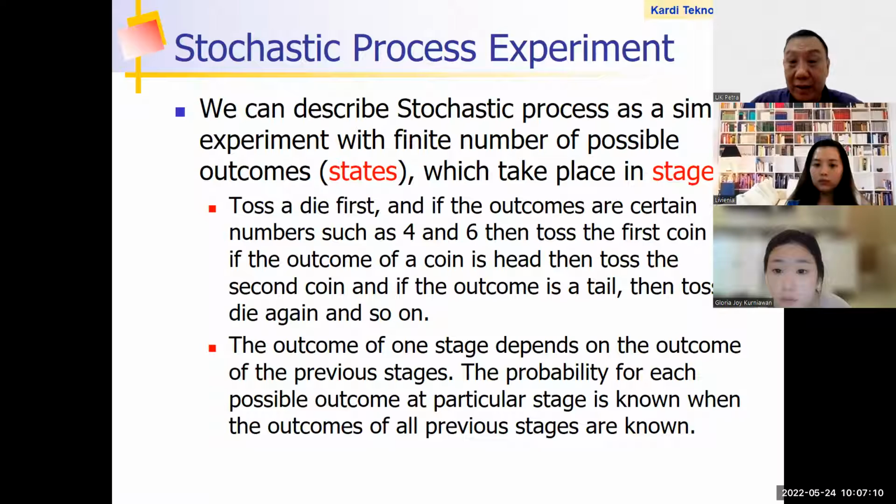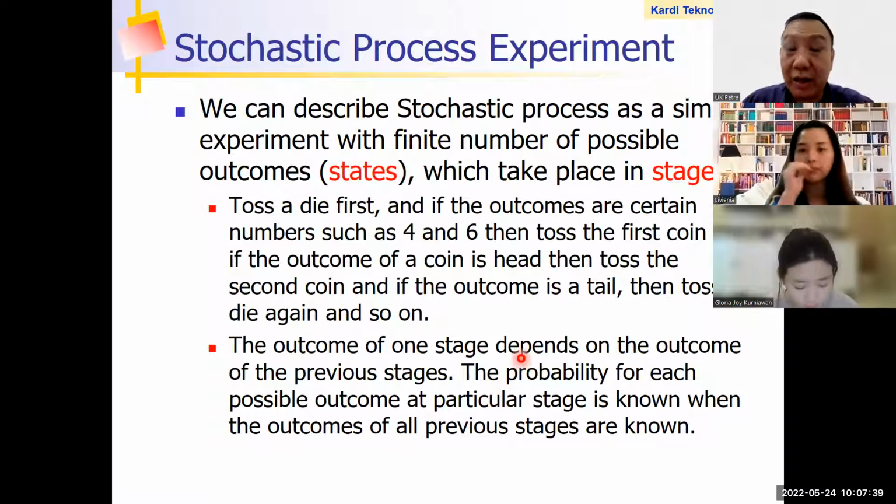So you see the outcome of one state depends on the outcome of the previous state, right? So the probability for each possible outcome at particular stage is known. Okay. Now, when the outcomes of the previous stages are all known, then you can determine the next stage.